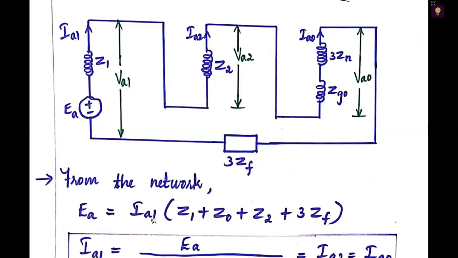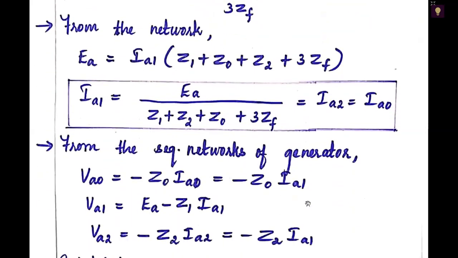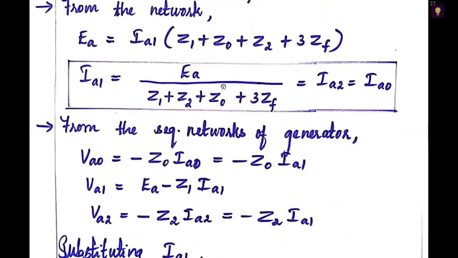So EA is IA1 into the sum of all the impedances. From that, we get IA1 is equal to EA divided by Z1 plus Z2 plus Z0 plus 3ZF, which is also equal to IA2 and IA0. So after drawing the combined network, we have arrived at the expression for the sequence components of current.